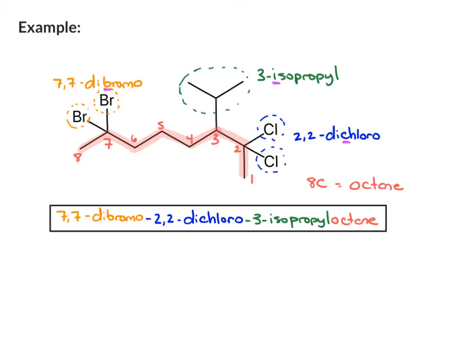So questions I often get with this usually revolve around numbering and how to pick or break ties. So I want to show you here just a couple of common scenarios and how to deal with them for numbering purposes. All right, let's say you're given this molecule here and you find your longest carbon chain.